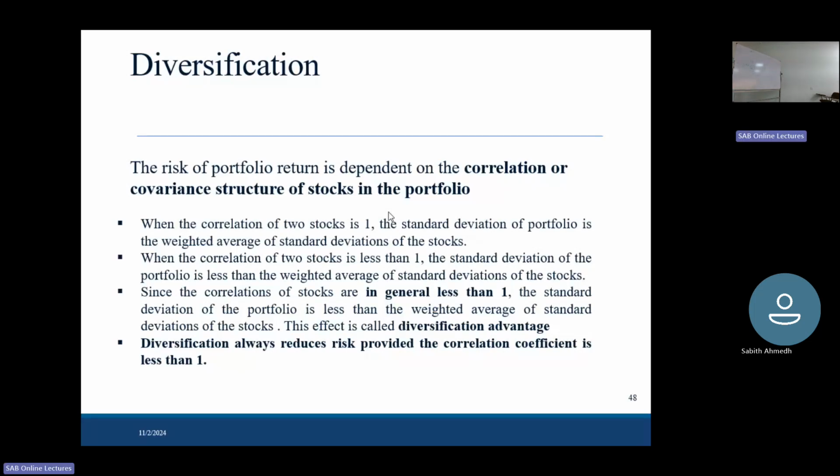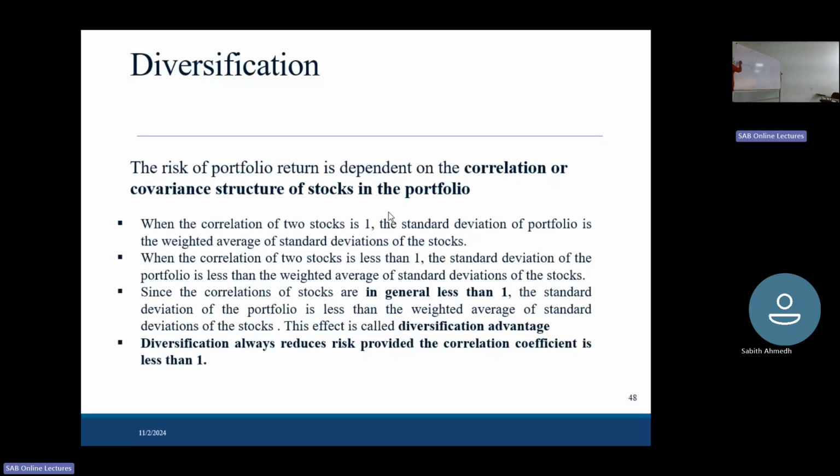Since the correlation of two stocks is in general less than 1, normally in a market portfolio, if you identify a portfolio and calculate the correlation coefficient, it is normally less than 1. So therefore, the standard deviation of the portfolio is less than the weighted average of the standard deviation of the stocks. This effect we call diversification advantage. That advantage depends on the correlation coefficient.